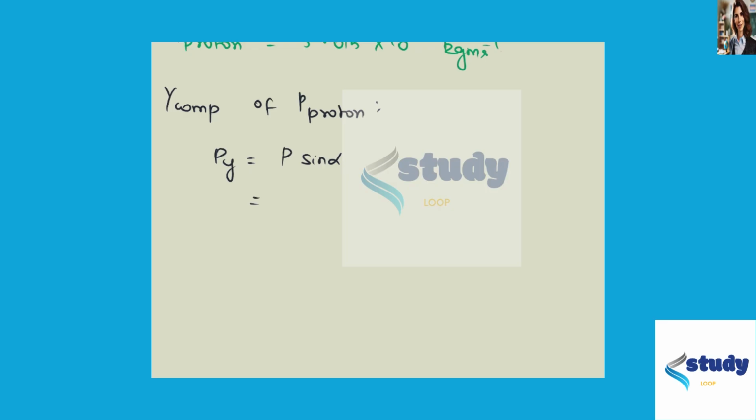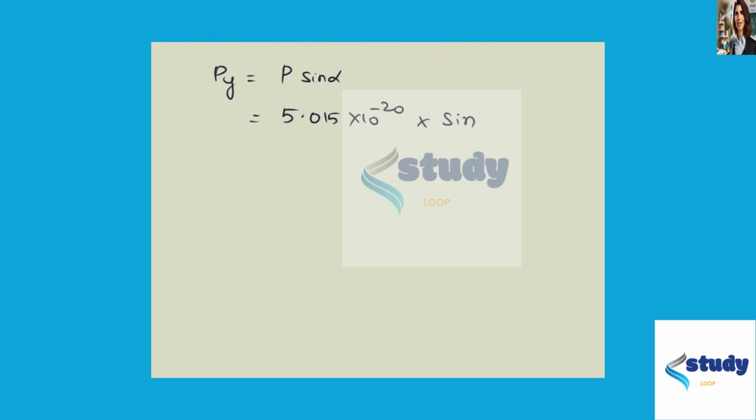P is 5.015 × 10^-20 times sine of theta. Sine theta has to be found out, so let us keep it as such. We will continue the other calculation, and finally come to this point where we can put theta.